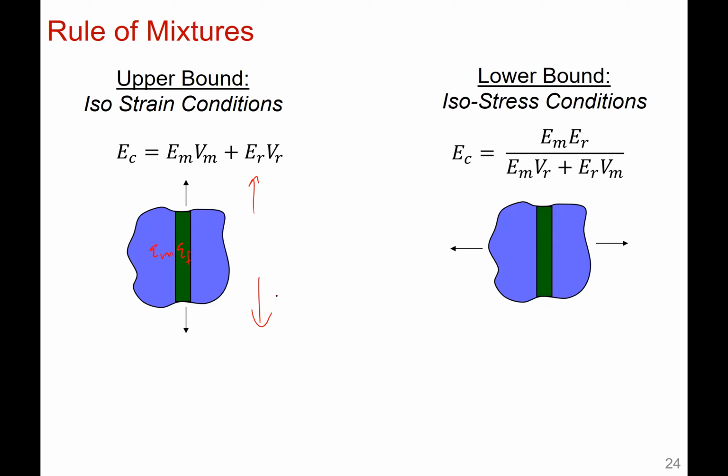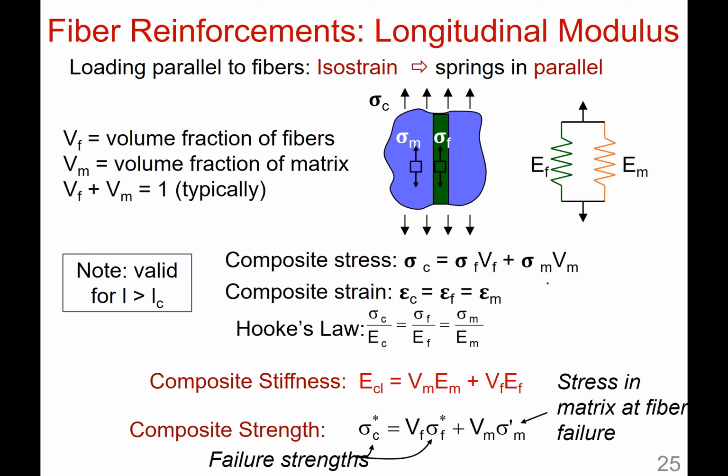Previous to slide 24, I would have talked about alignment, but take my word for it, the fibers are aligned. In the lower bound, you're experiencing isostress. Here the applied load is perpendicular to the alignment of the fibers in the reinforced state. So what do we mean by loading parallel? Your load is parallel to the fibers.